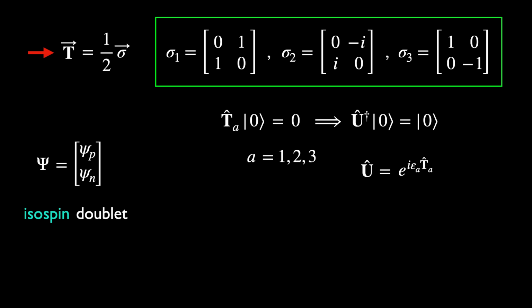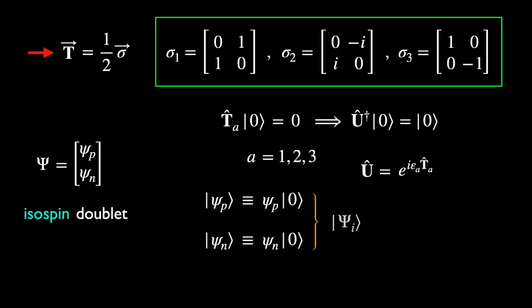Recall that each component of our doublet is an operator associated with the quantum field of a particle. In our case, these are the proton and neutron. Applying these operators to the vacuum will give us the corresponding particle states. We have used a similar construction in lecture 24, when we discussed the Wigner-Eckart theorem. Such a formalism can be applied to a higher dimension multiplet.